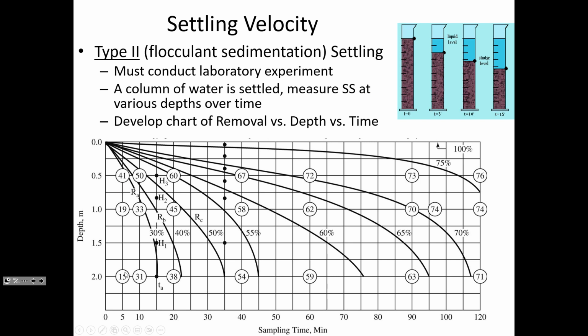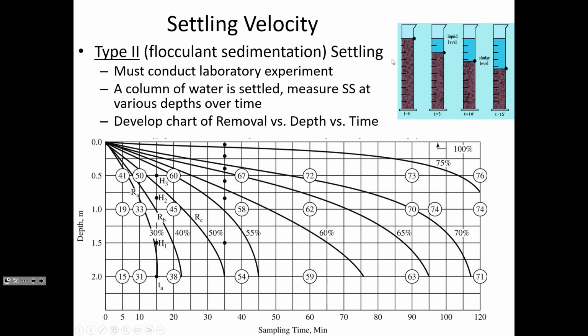And so, like where it says here, 15, 19, and 41, that's the percent removal, and you'd have some sort of a tap in this cylinder that you could suck a little bit of water out. So, you know, if this is our starting depth at time equals 0, this is saying go down into the fluid 0.5 meters, and you draw off a certain portion of the liquid.